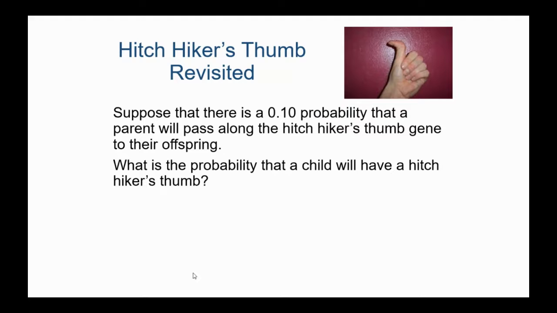Okay, so let's look back at the hitchhiker's thumb example. Suppose there's a 0.10 probability that a parent will pass along the hitchhiker's thumb gene to their offspring. What's the probability that a child will have a hitchhiker's thumb?